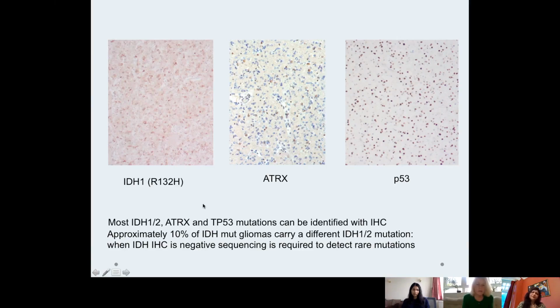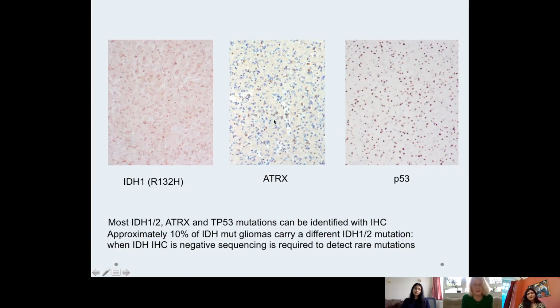In about 10% of cases, astrocytomas or oligodendrogliomas, we will see later, carry a different IDH mutation that cannot be detected with immunohistochemistry. And so in cases in which the immunohistochemistry is negative, then we need sequencing of IDH1 and 2 genes.